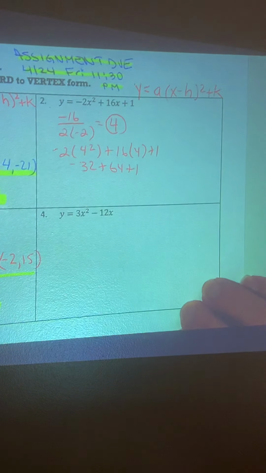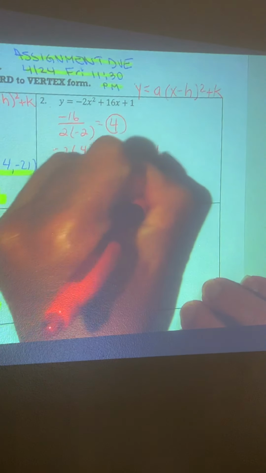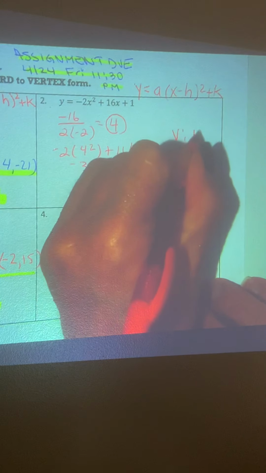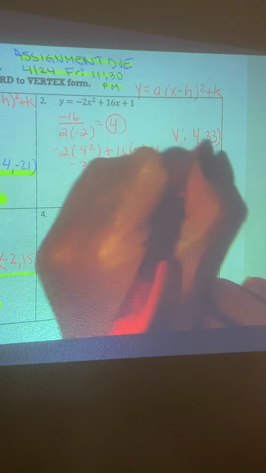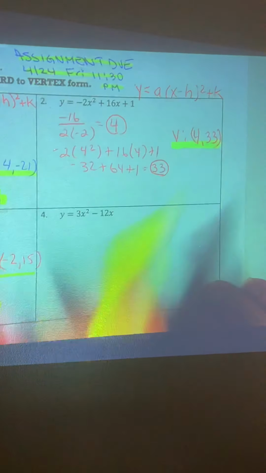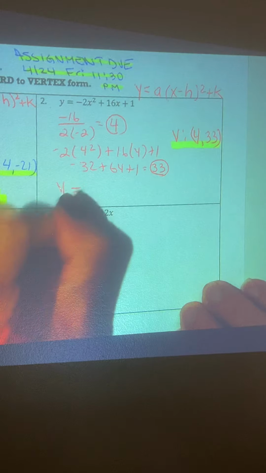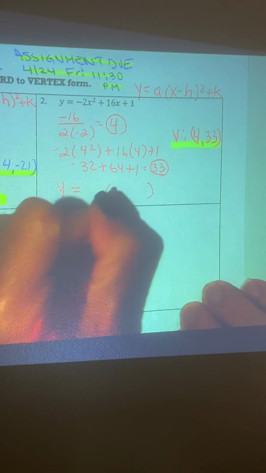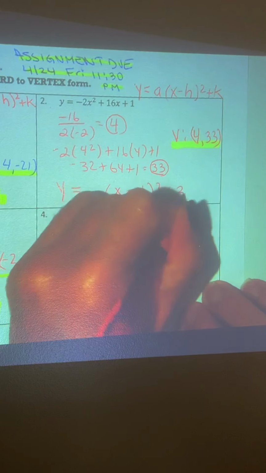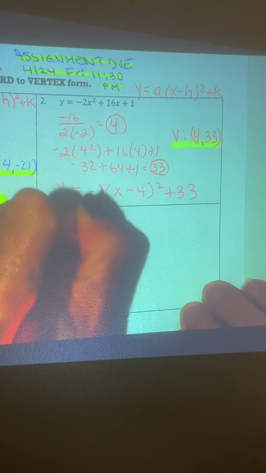There's my opposite and doubled. That's 32 plus 1, 33. Vertex (4, 33). Every time I'm going to write my vertex. Let's plug it in. Y equals a, x opposite, minus 4 squared plus 33. What's my a? A is negative 2. Done.